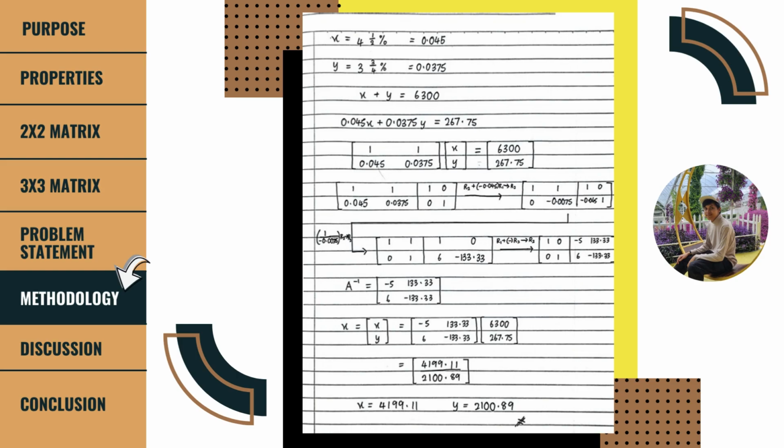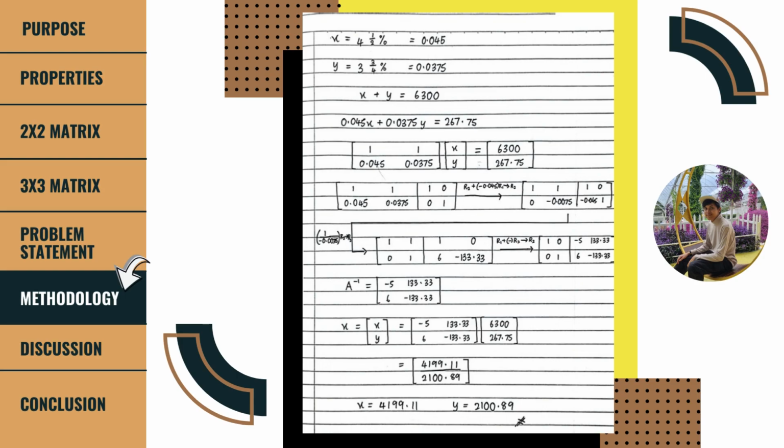After that, we convert these equations into an augmented matrix. In order to solve the matrix, we must use the Gauss-Jordan elimination method. Gauss-Jordan elimination method is when an augmented matrix is reduced to a reduced row echelon matrix.